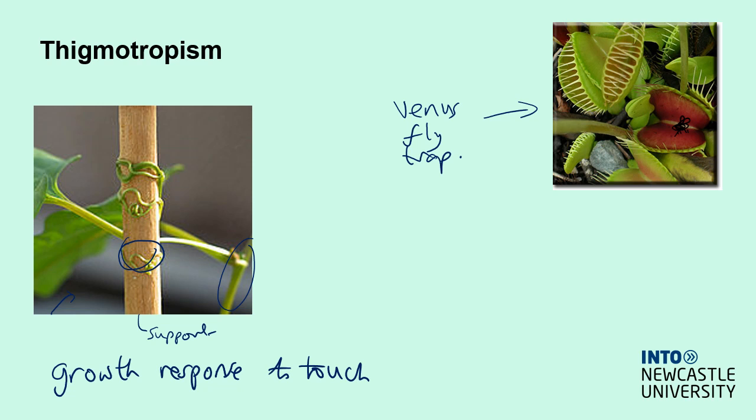So this is how the plant gets its nitrates. This is not thigmotropism. Okay, so I'm going to put a big cross through it. It's not thigmotropism because it's not a growth response. Yes, the plant is sensing and responding to a stimulus, but it's not a growth response. So watch out for that when you're looking at various tropisms as well.